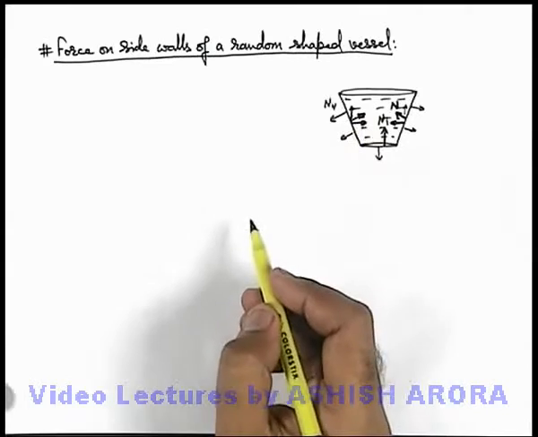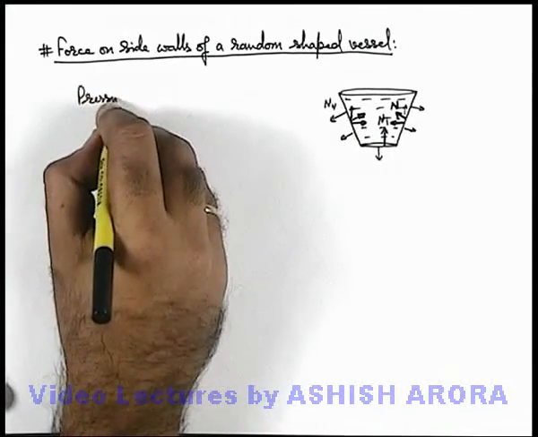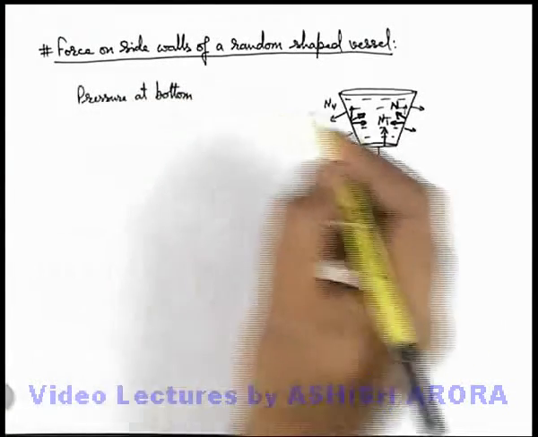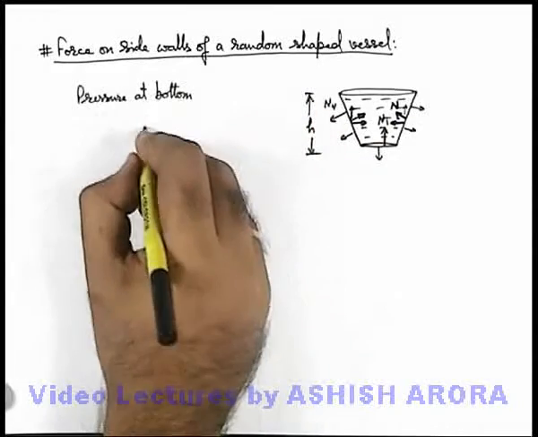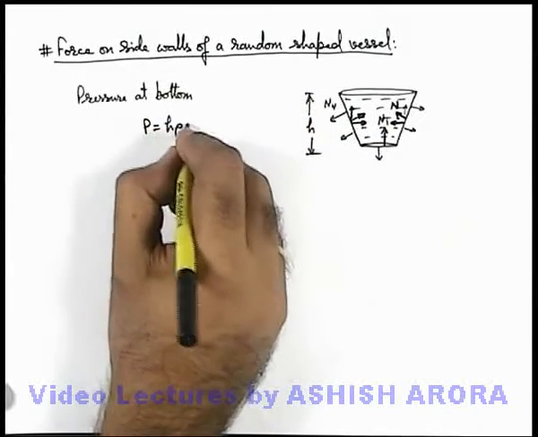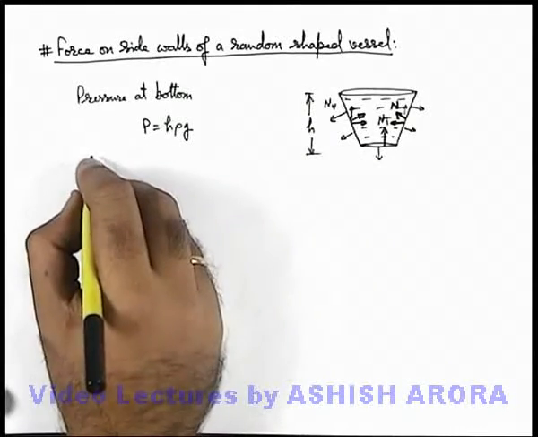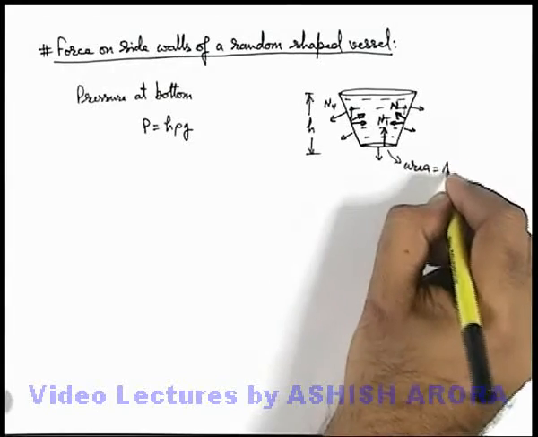For its calculation, we can calculate the pressure at the bottom. If H is the height up to which the liquid is filled, this pressure at the bottom can be simply written as H rho g, which is due to the weight of the liquid. And say we are also given the area of the bottom, which is A.